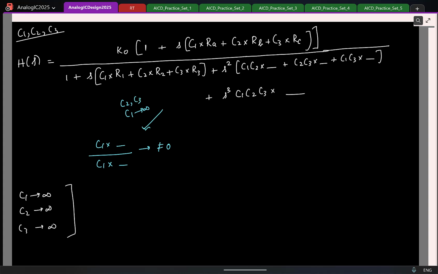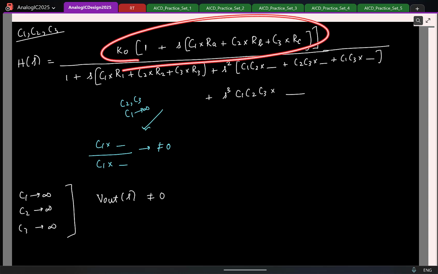So let me remark the observation. If I tend any of the capacitors to infinity, I find that my transfer function, or I will say the output in the Laplace domain, is non-zero. Correct? If I find that if I tend one of the capacitors to infinity and the output is non-zero, does my transfer function have a 0?